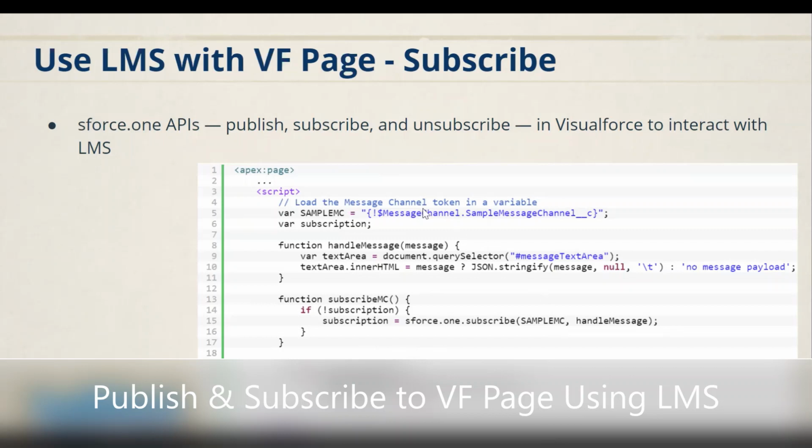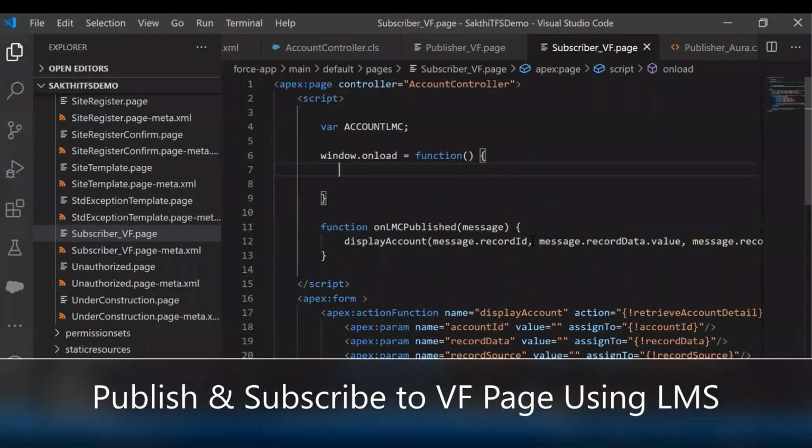One is the Lightning message channel token for that particular channel, and the other is the handler for the message. Once we receive the information from the publisher component, we handle the data, whatever data we are passing from the publisher component. Let's go build the logic.